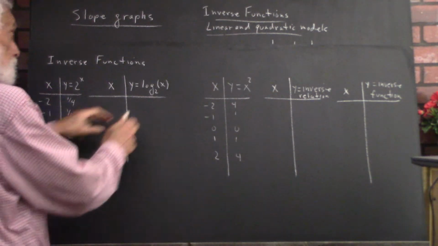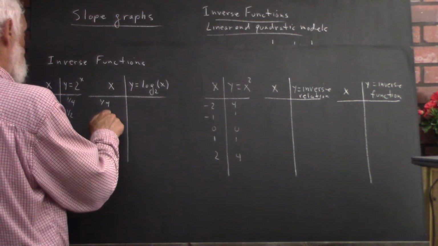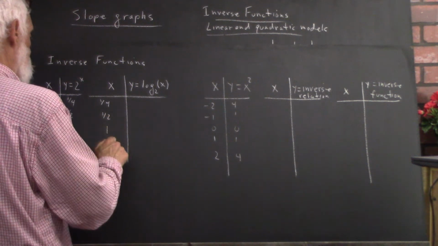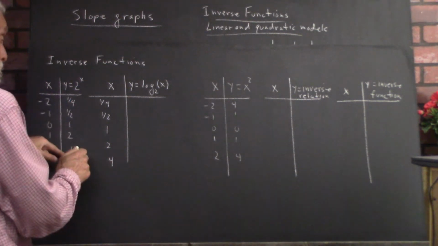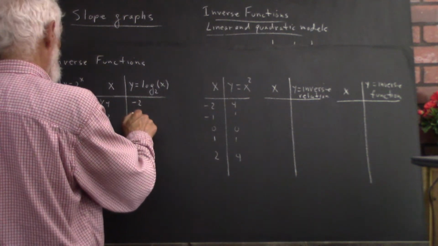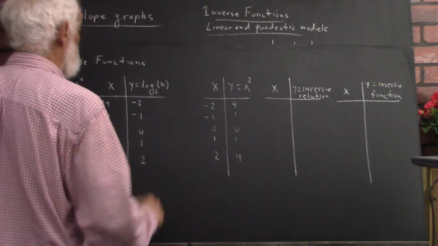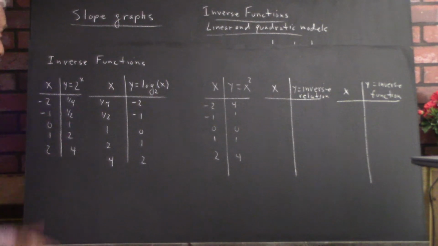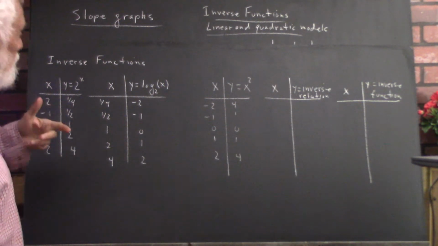Take the numbers in the first column, put them in the second column. So x values are going to be 1/4, 1/2, 1, 2, and 4, mimicking the second column. And in the first column, you've got -2, -1, 0, 1, 2. That's it. That's the basic inverse.